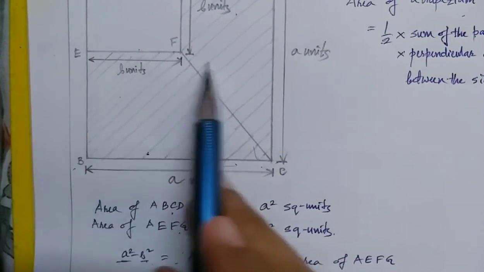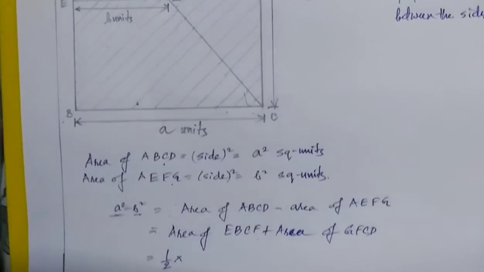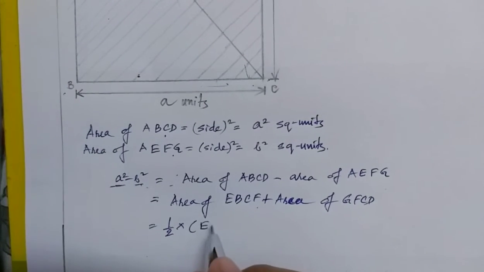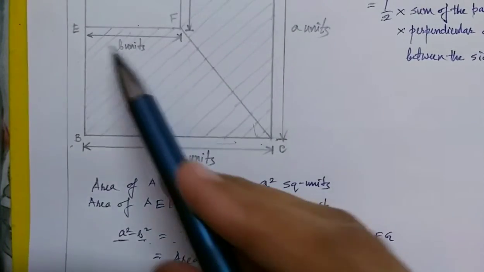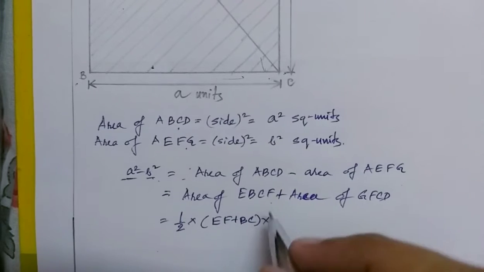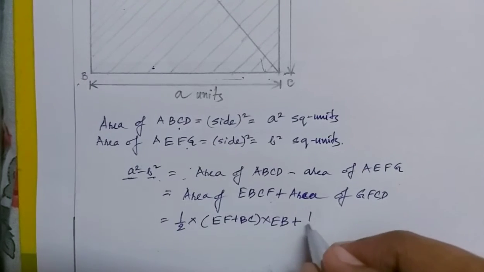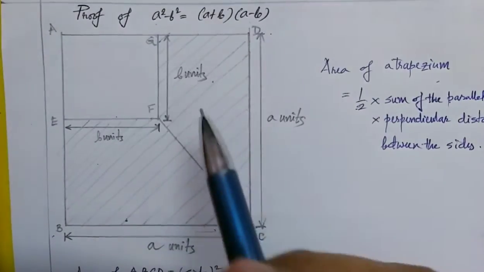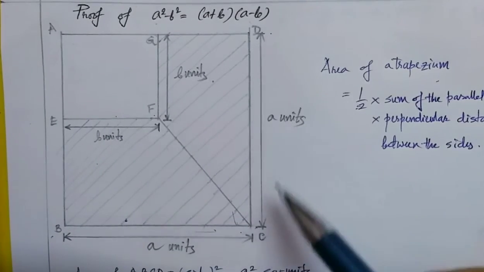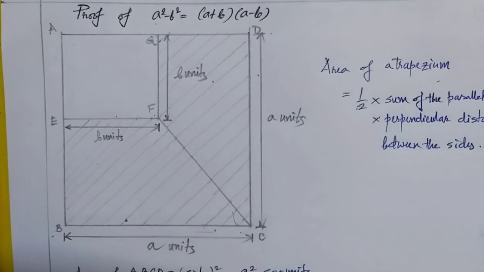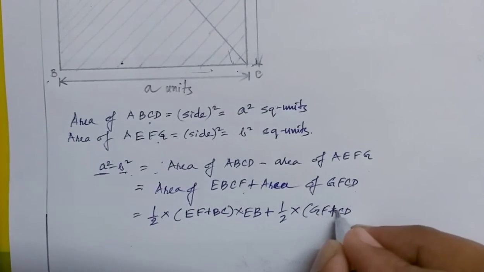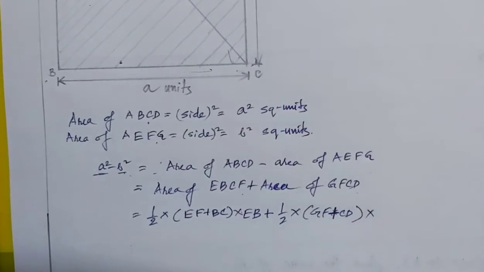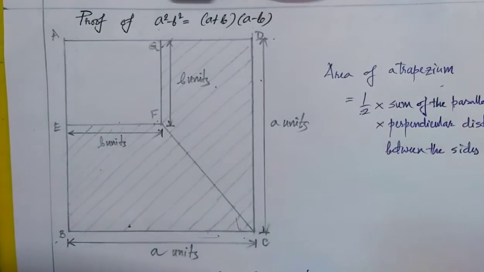The parallel sides are EF and BC, so half into (EF plus BC) into their perpendicular distance, which is EB. Plus, for GFCD, half into (GF plus CD), because these two sides are parallel, into the perpendicular distance between them, that is GD.